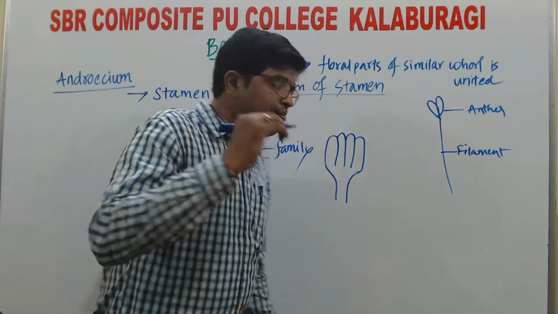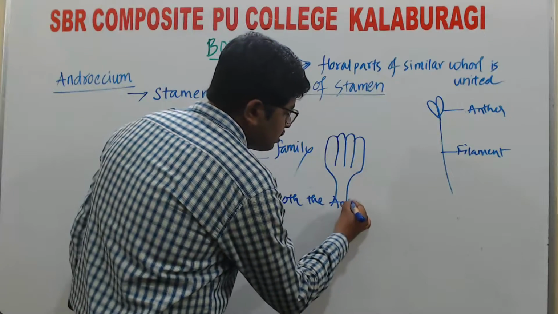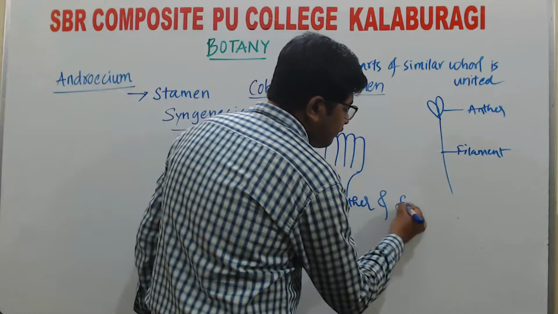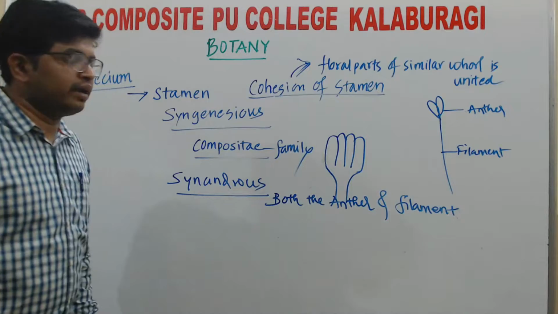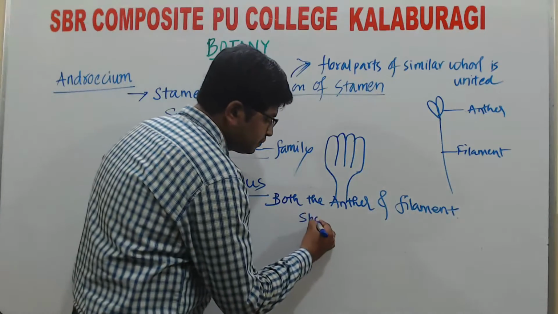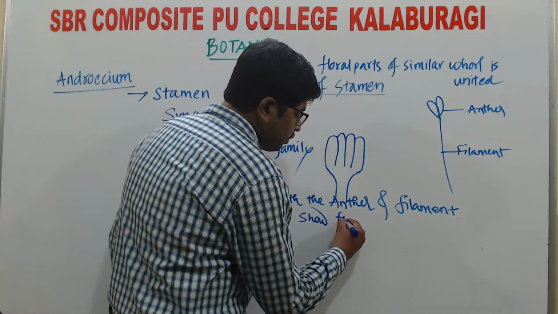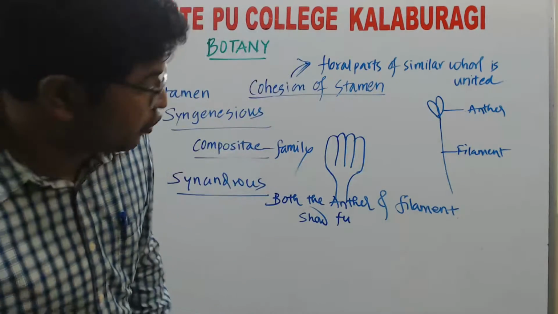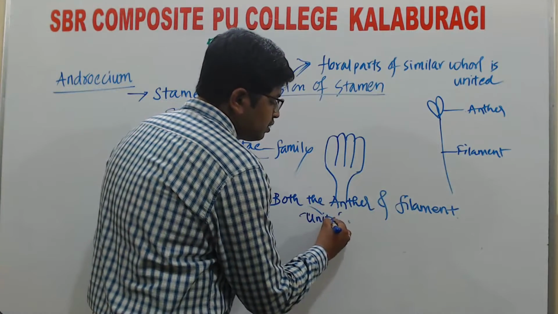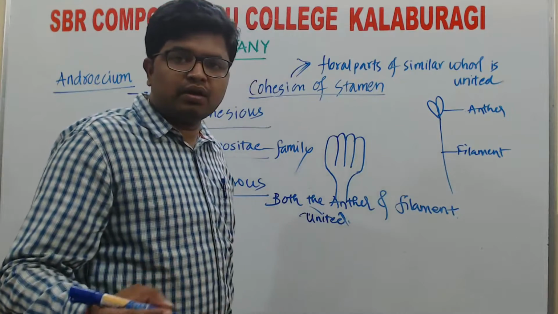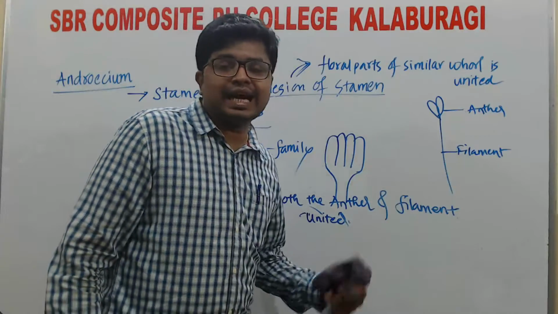Synandrous means both the anther and the filament show fusion, or you can say they are united. A complete stamen, and they show fusion. Such a condition we call synandrous.